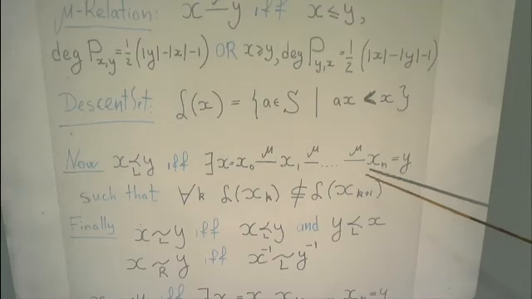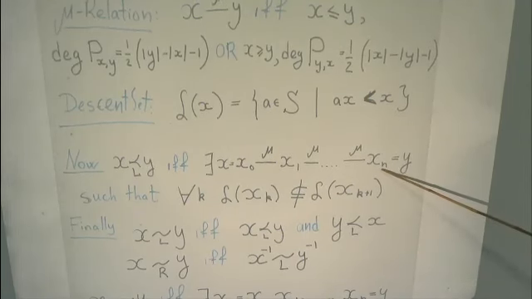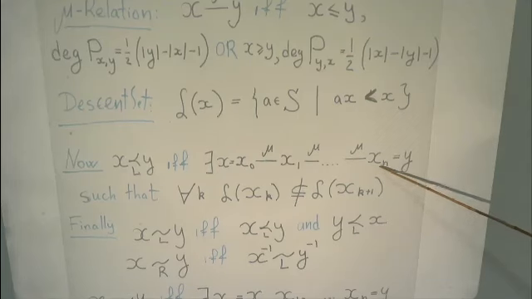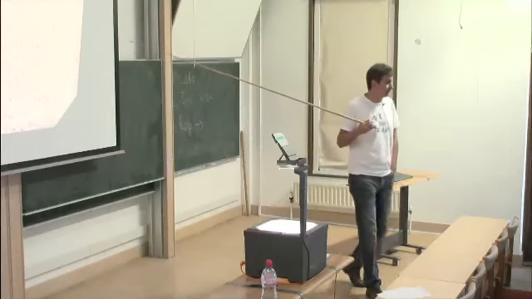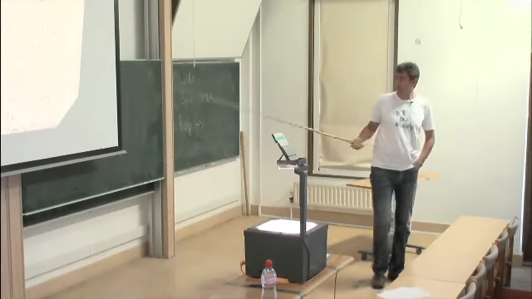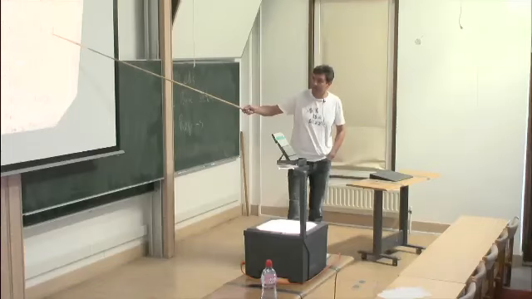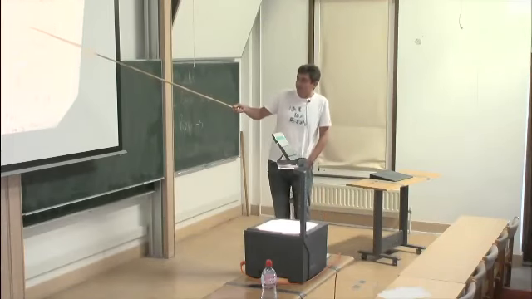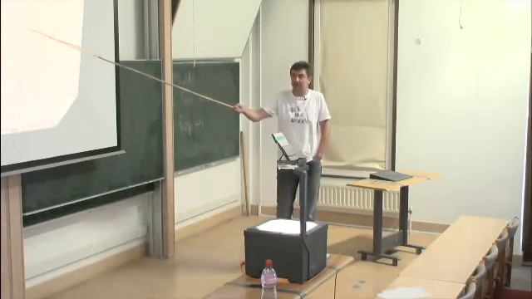The difficulty is, a priori, we don't know any bound on the length of the chain of mu relations involved. So you may start with elements of length 100, but the elements in the chain may start increasing their length.